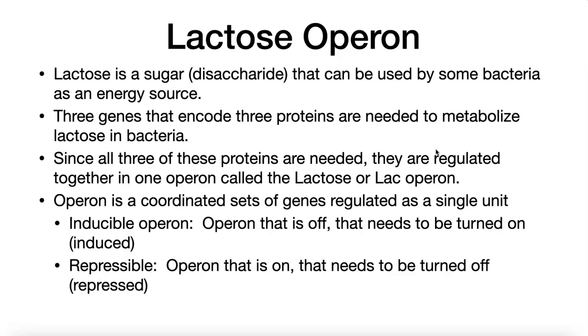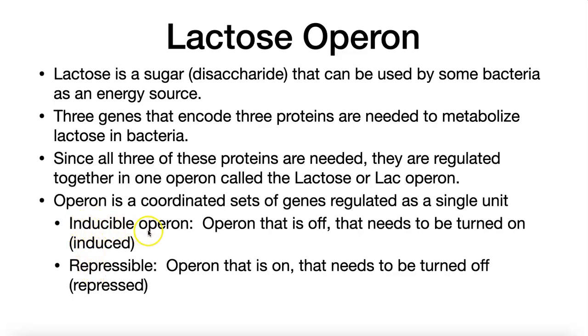What I mean by that is, if a bacterium wants to break down lactose, all three of these proteins need to be present. So rather than turning them on individually, they're all turned on collectively within one operon that's called the lactose, or Lac Operon for short.